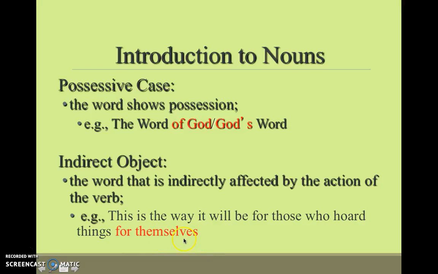So for themselves is giving some additional information, and in English we have a complete sentence, who hoard things. We could stop the sentence right there. But for themselves is giving us additional information, and it's indirectly affected by the action of the verb.